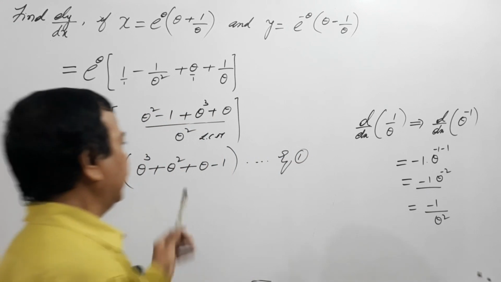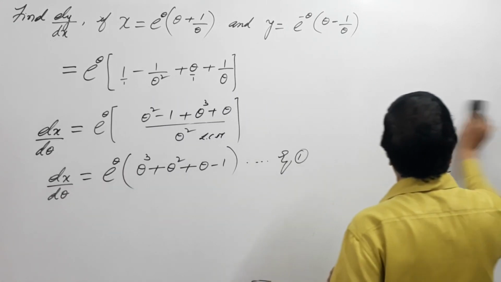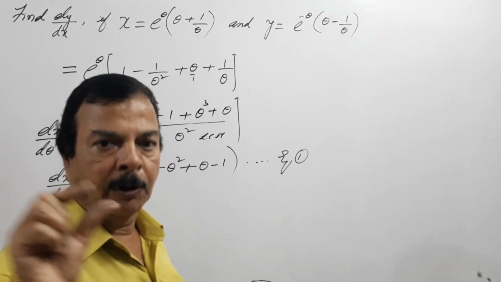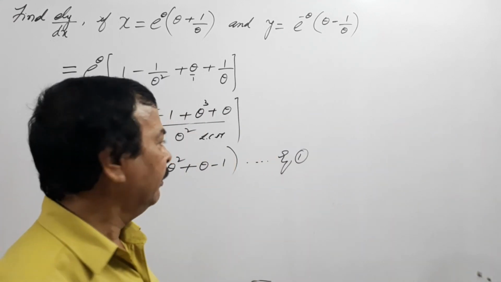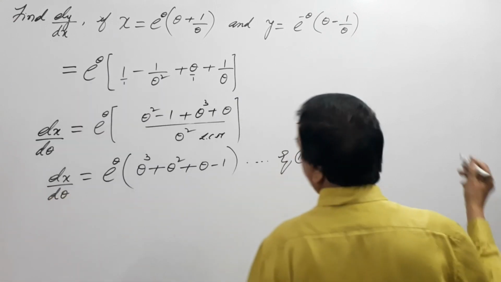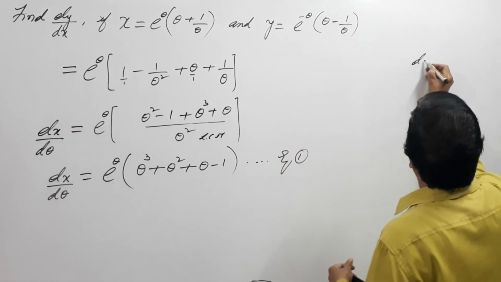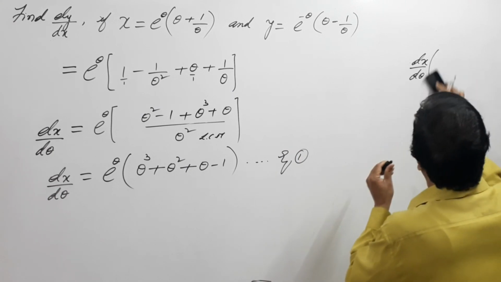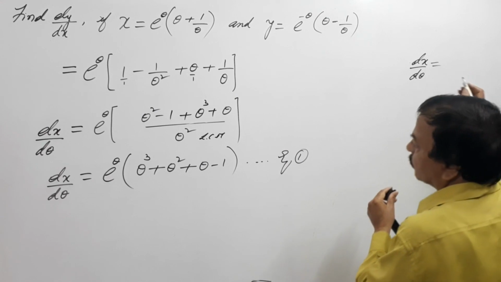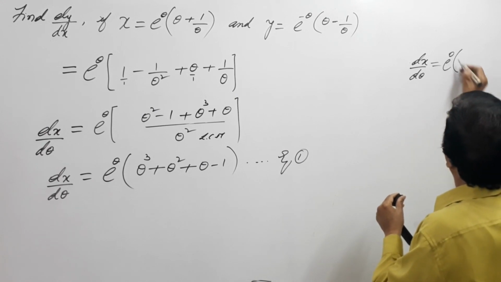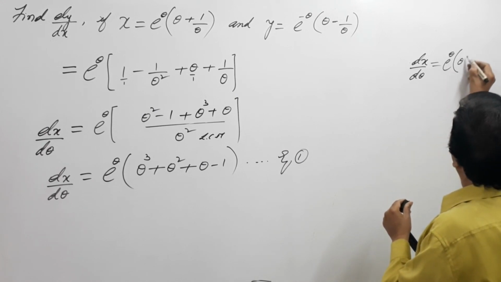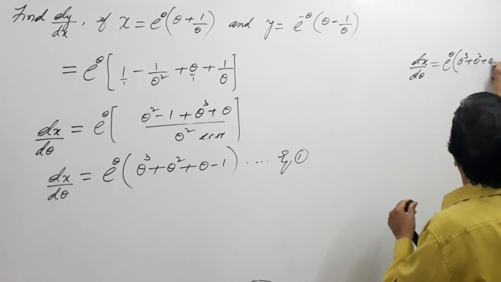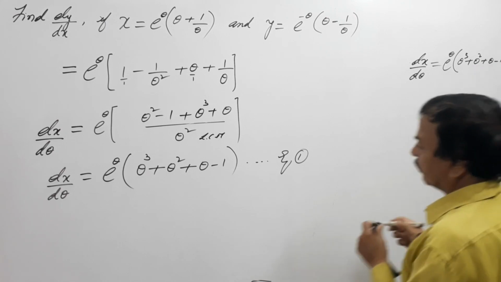So dear students, I'll write here because the board is not sufficient. I should have written smaller ones, but if I write smaller, it's not visible for you. So I'll make a note here: dx by d theta equals e to the power of theta into theta cube plus theta square plus theta minus 1.